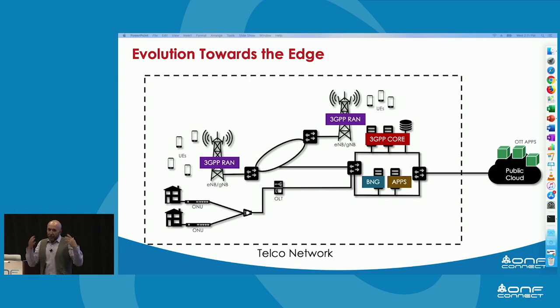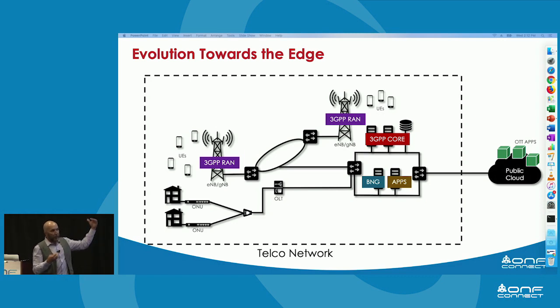So in a simplified way, the network for an operator will look like this today. To provide coverage, they will have a large number of base stations distributed across the geography. The traffic from that would be aggregated towards a much smaller number of centralized locations where the core networks reside. And an even smaller subset of these actually provide an egress towards the internet, where today's public cloud exists and most of the OTT applications we use reside.